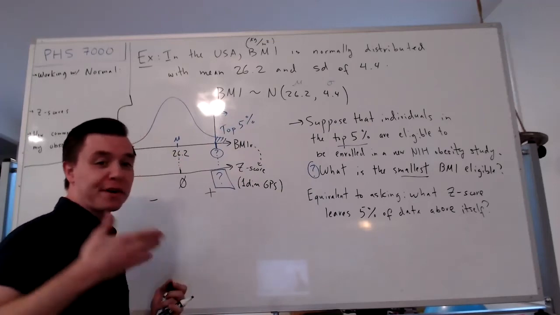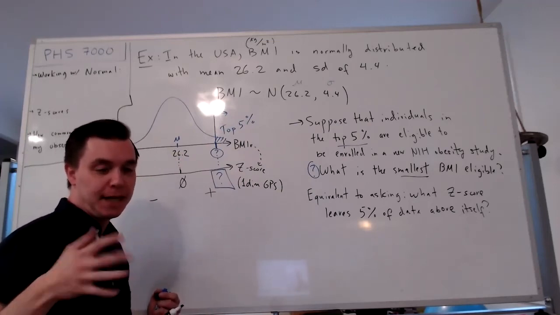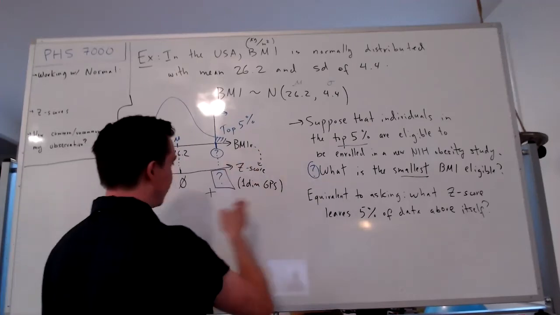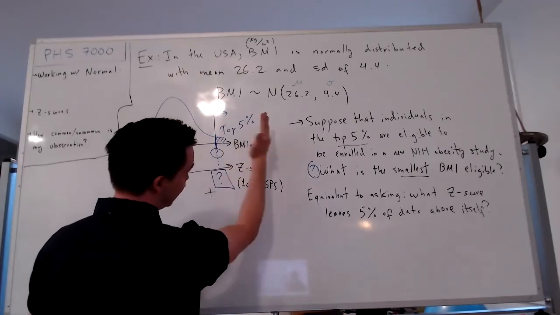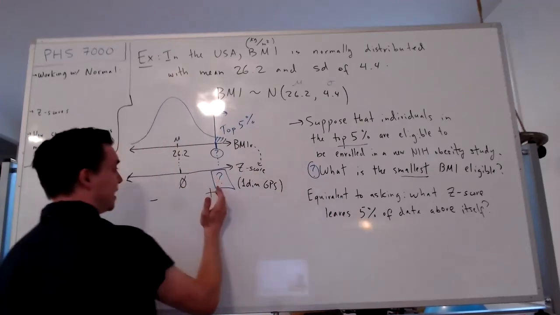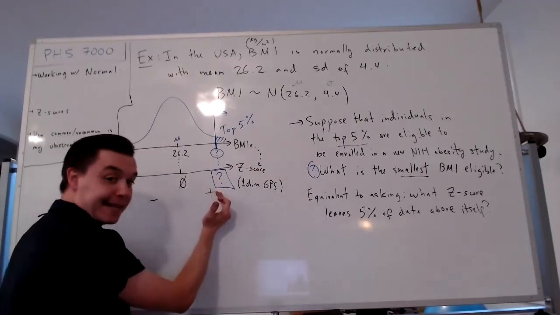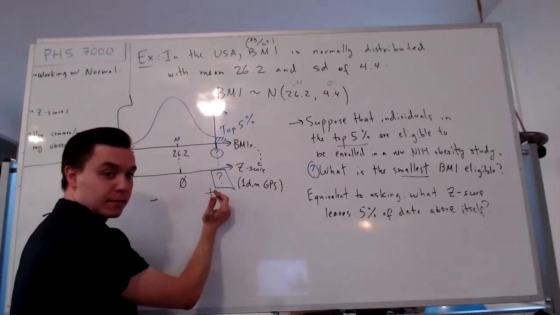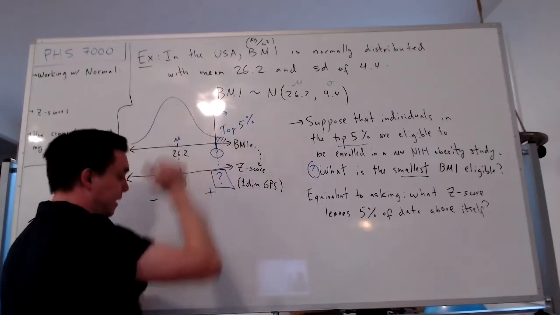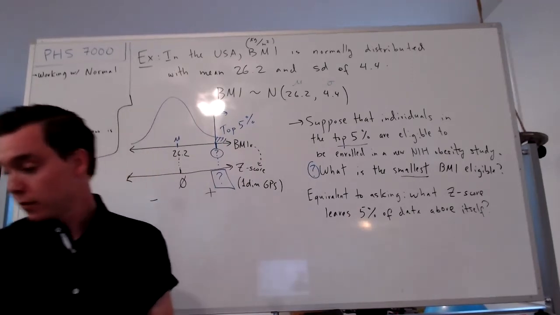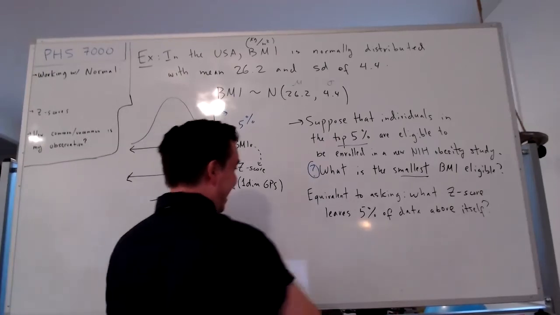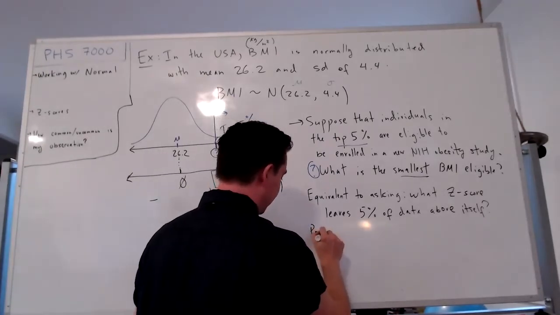So at this point, if you were working with a printed table, you would look in the middle of that table and you would try to figure out what is a Z-score that leaves 5% above itself, 95% below, right? So another way of thinking about it is what is the Z-score that is in the 95th percentile of this distribution, equivalent to what is the BMI in the 95th percentile of the distribution. So now we can use our little app, probability app.